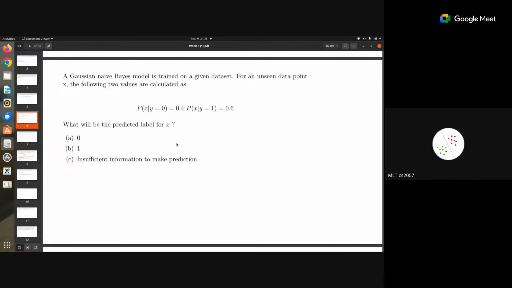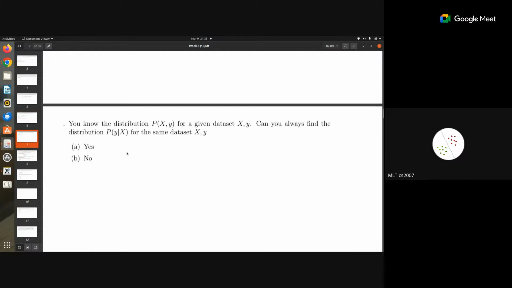It is 1, because it has the higher probability. It doesn't matter which naive Bayes model, Gaussian or normal; whichever probability is greater, we go towards that. So the predicted label for x will be 1 here.